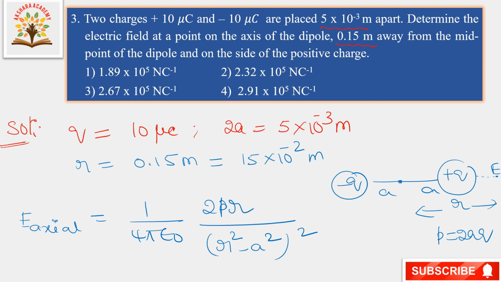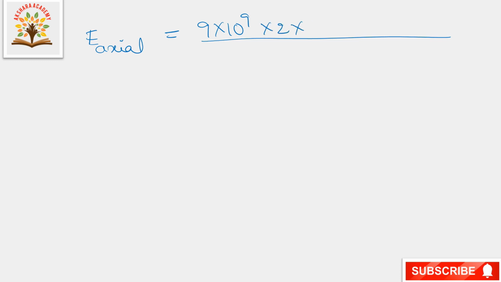Now substituting values, so E axial is equal to 9 into 10 to the power of 9, into 2 into 5 into 10 to the power of minus 3, into 10 into 10 to the power of minus 6, and r they have given as 15 into 10 to the power of minus 2, by r square minus a square whole square.